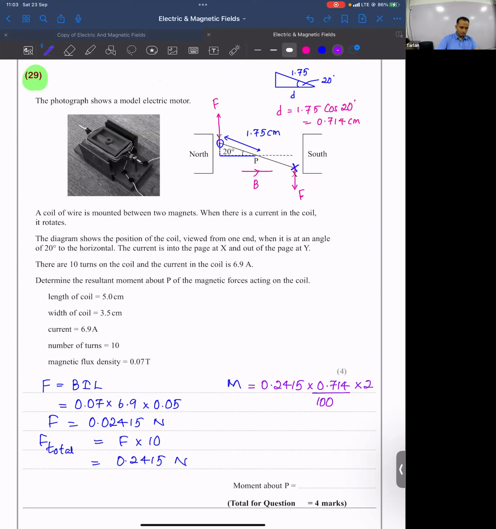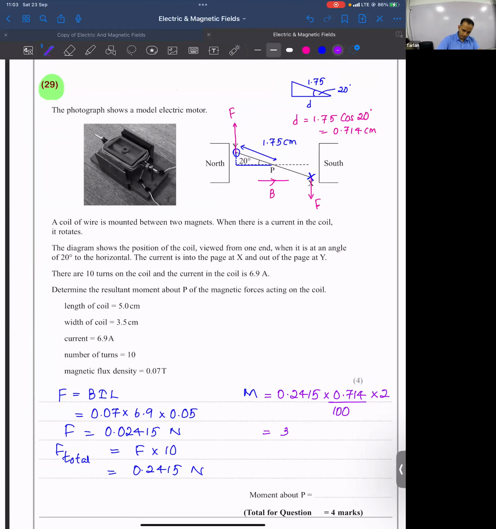So I have multiplied that by 2, which gives me 3.45 into 10 to the power minus 3 in Newton meters. Is that okay?